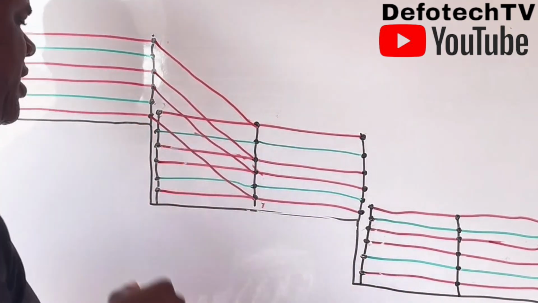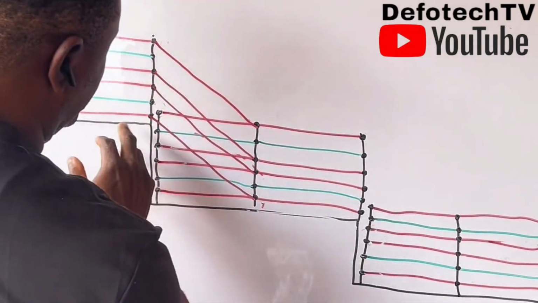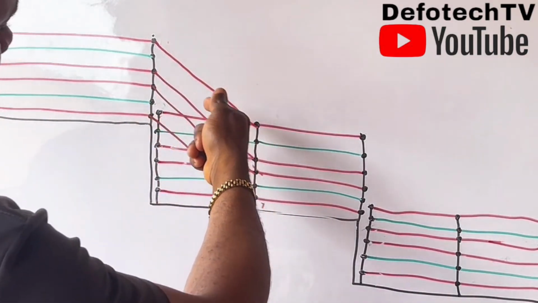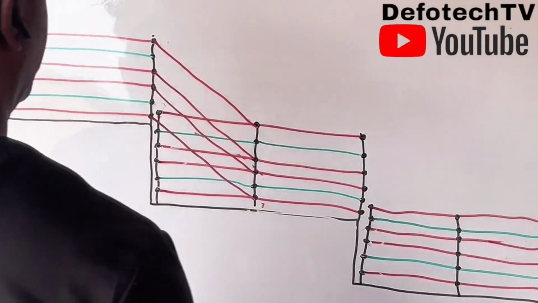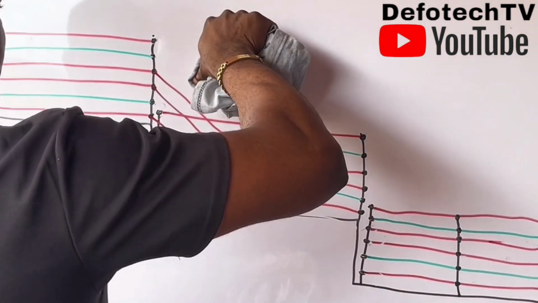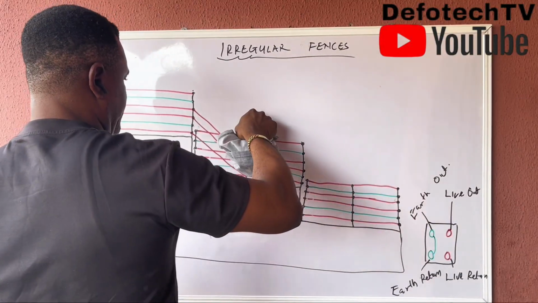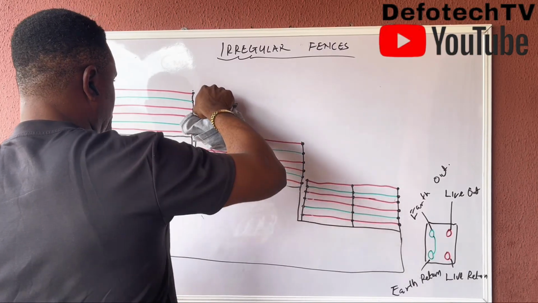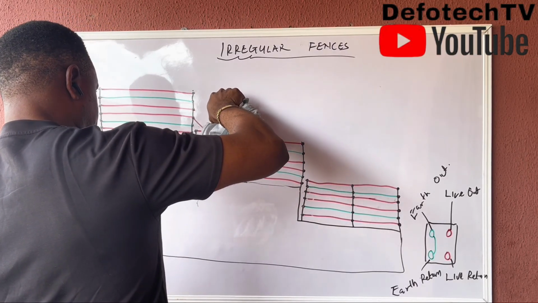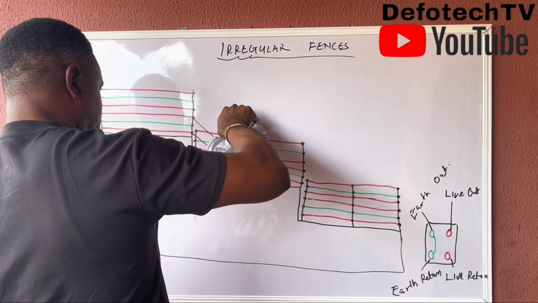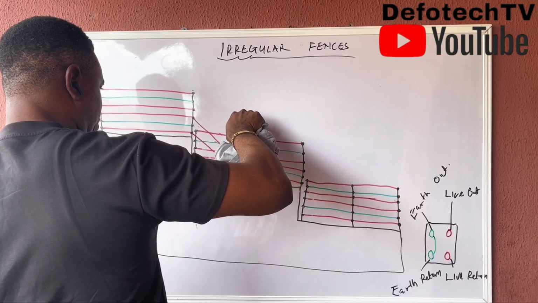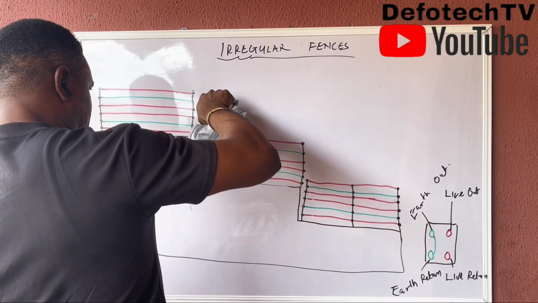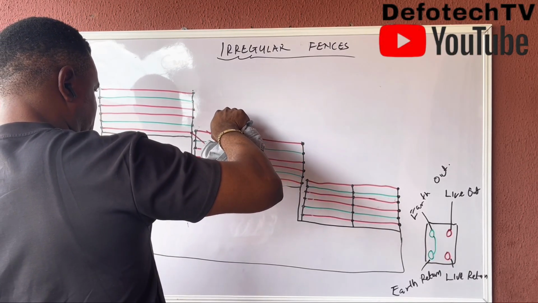They can't pass here, as far as your bracket is at the extreme. So please, if you are in that school of thought that will always want to go through this place like this, I don't support it. This doesn't work. If you want me to explain why it doesn't work, you can ask in the comment section, then we'll talk about it. But for today, we want to talk about how we can sort out irregular electric fences.